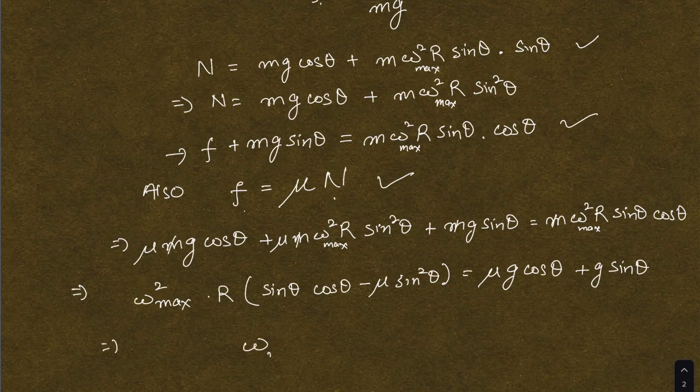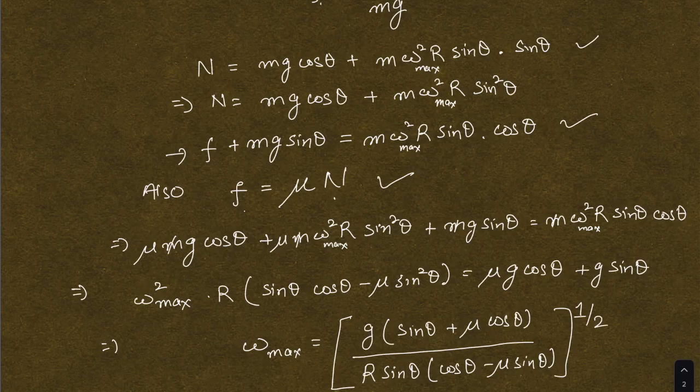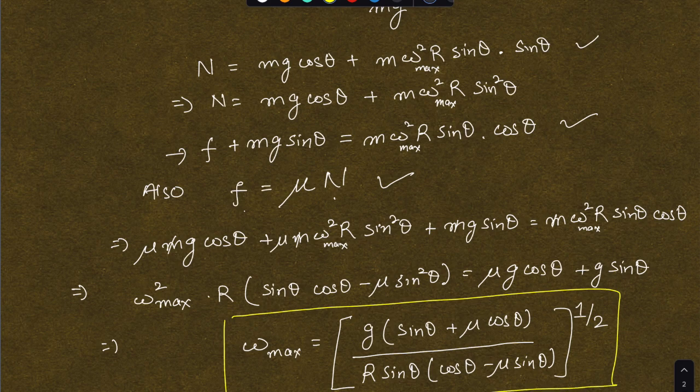And hence omega max is g times sine theta plus mu cos theta over r sine theta times cos theta minus mu sine theta, to the power 1 by 2. So this is the value of omega max, the maximum value of omega to maintain the steadiness of the block.